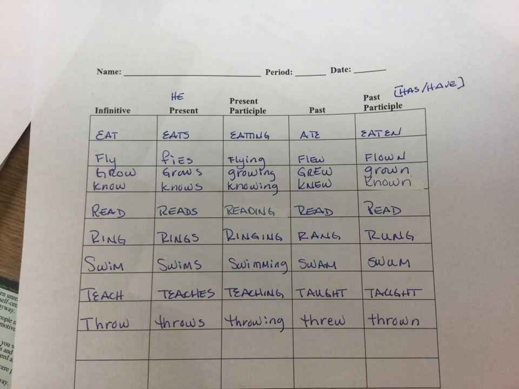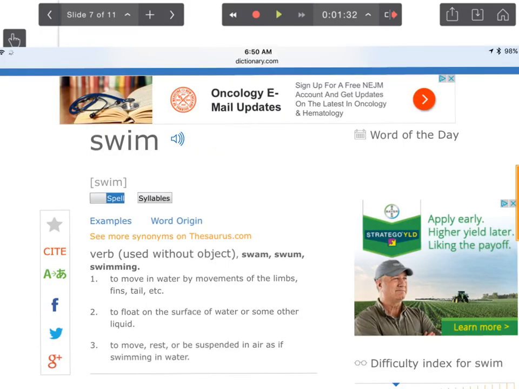On pages 221, 222, and 223 are lists of irregular verbs. However, you can also find the verb form by going to dictionary.com. This is an example of an entry in the dictionary for the word swim. If you note, it says verb used without an object.